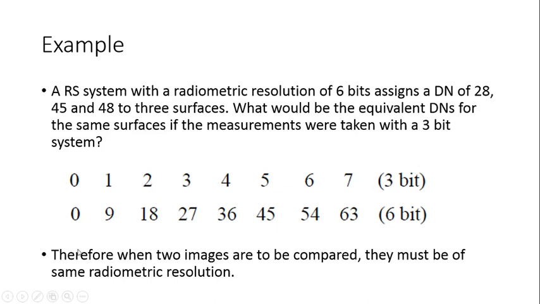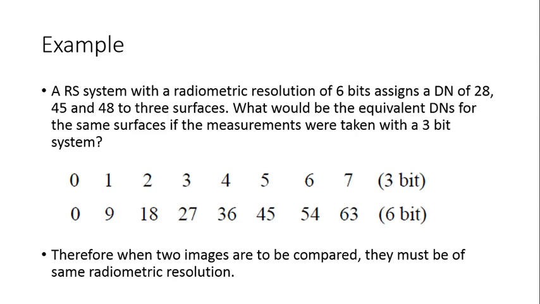And in the 6 bit system, I have divided the range 0 to 63 into 8 different levels. Actually it is 7 intervals, because the starting will be the same, ending will be the same. So I have divided the numbers between 0 and 63 into equivalent levels.